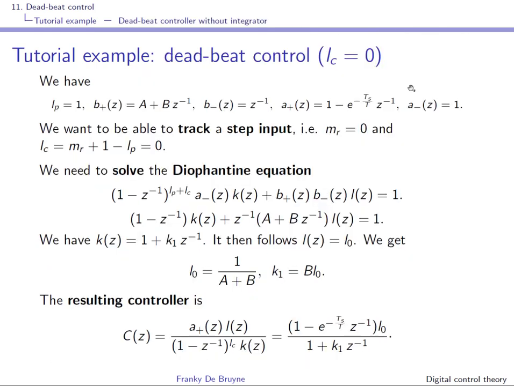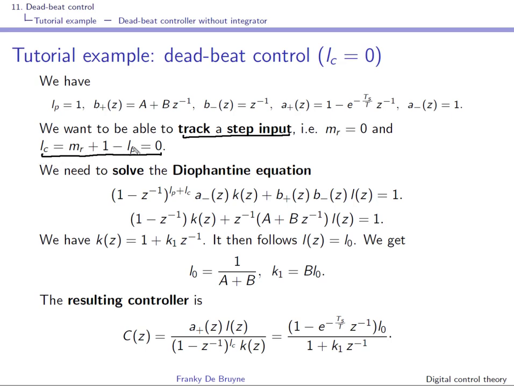So let us continue, and in this case we want to be able to track a step input. This means that we want it to be able to follow it with a 0 steady state error. We had seen here that you need a number of integrators in the controller, that is this expression.